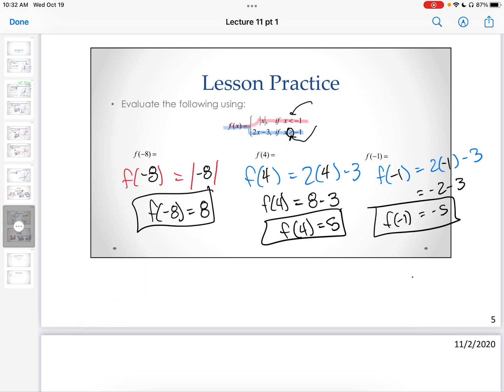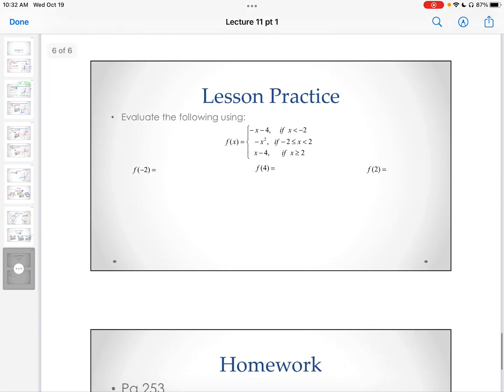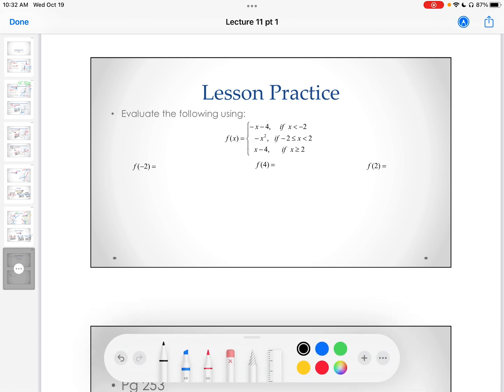Okay, one more to do, and then we're done with these long notes. Evaluate the following: f of -2, f of 4, f of 2. So first function in red, f of x equals -x minus 4 if x is less than -2. Ooh, close on that one, but we need to use the one where the -2 is included, which is the blue function here.